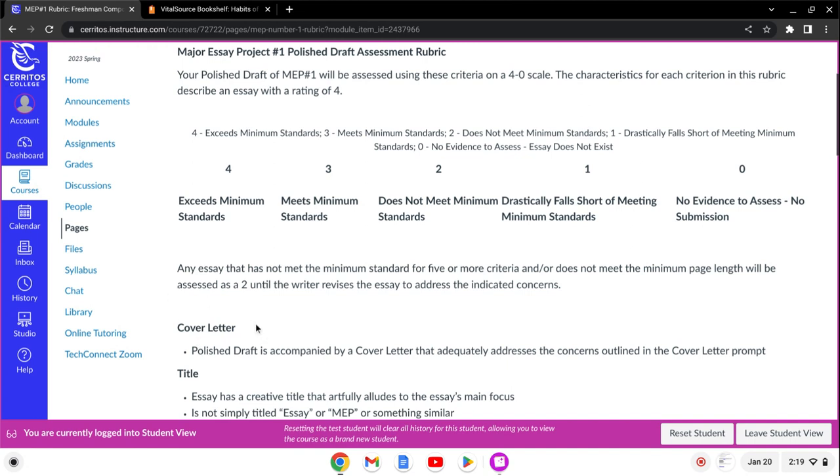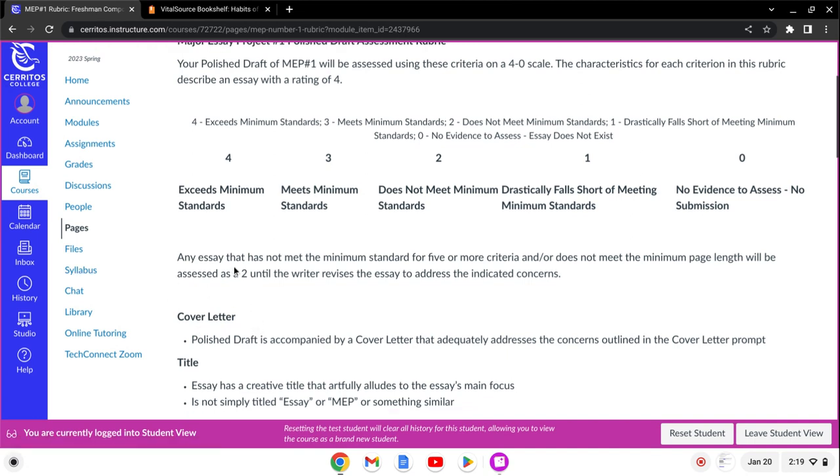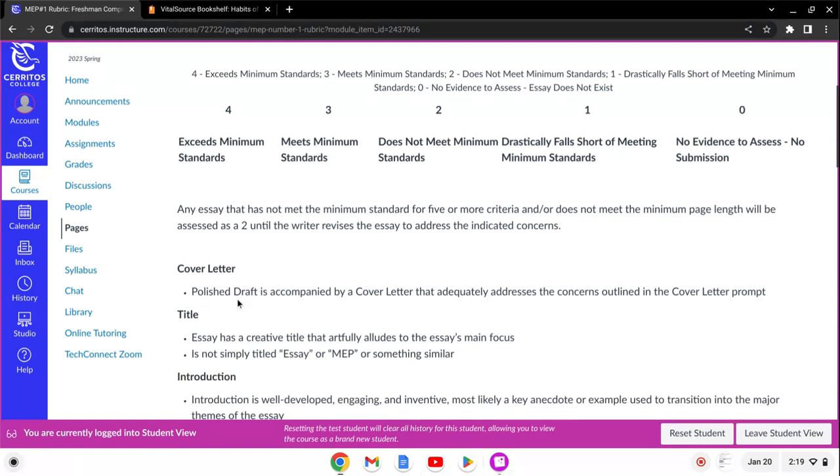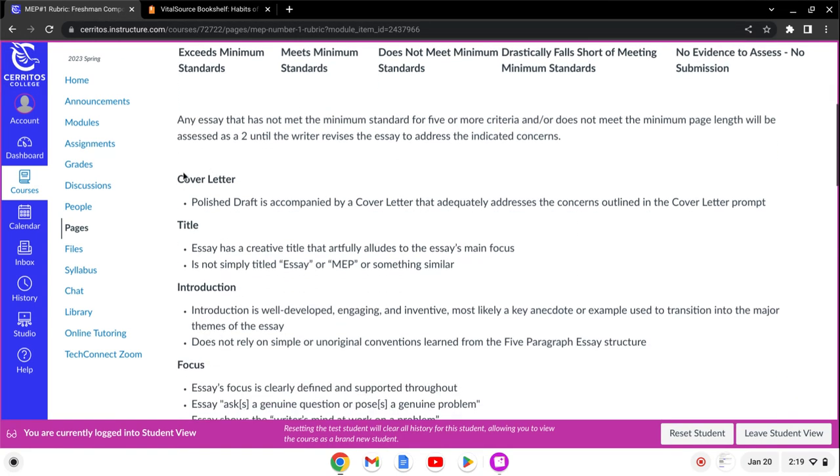So just something important to keep in mind, any essay that has not met the minimum standard for 5 or more criteria and/or does not meet the minimum page length will be assessed as a 2 until the writer revises the essay to address the indicated concerns. So each of the criteria are here.